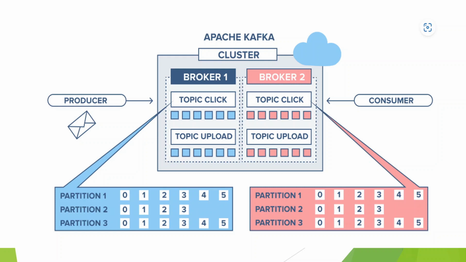As we create partitions, we enable parallel processing. If we take topic click, we are going to have three partitions: partition 1, partition 2, partition 3. The producer will publish the message into different partitions, and in the same way, multiple consumers will receive the message from each partition and process it.